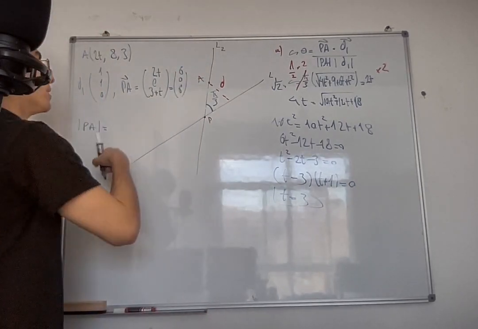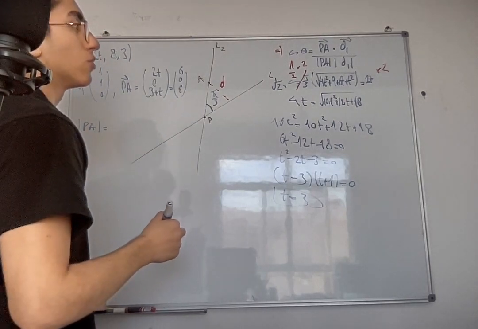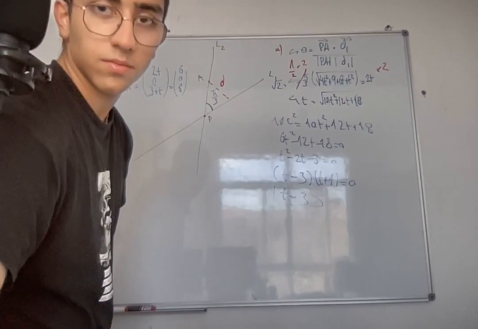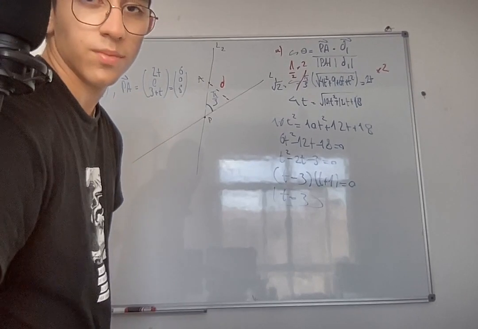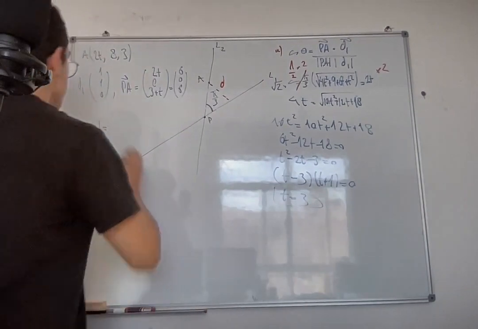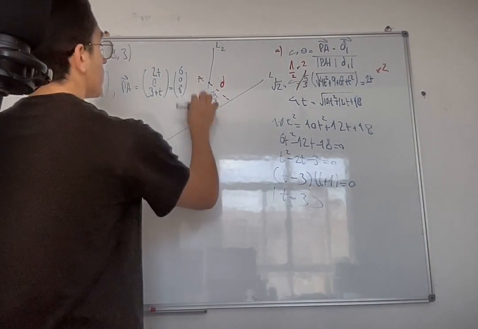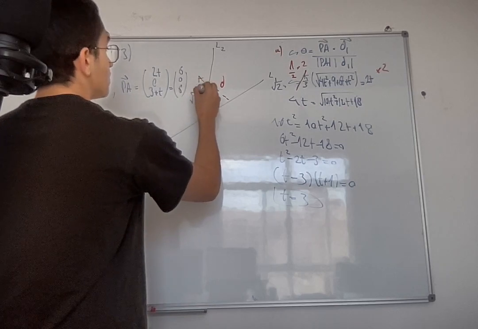Its magnitude is going to be radical 72. Let me check with my answer. Yeah, radical 72, I'm correct. So this right here is radical 72.